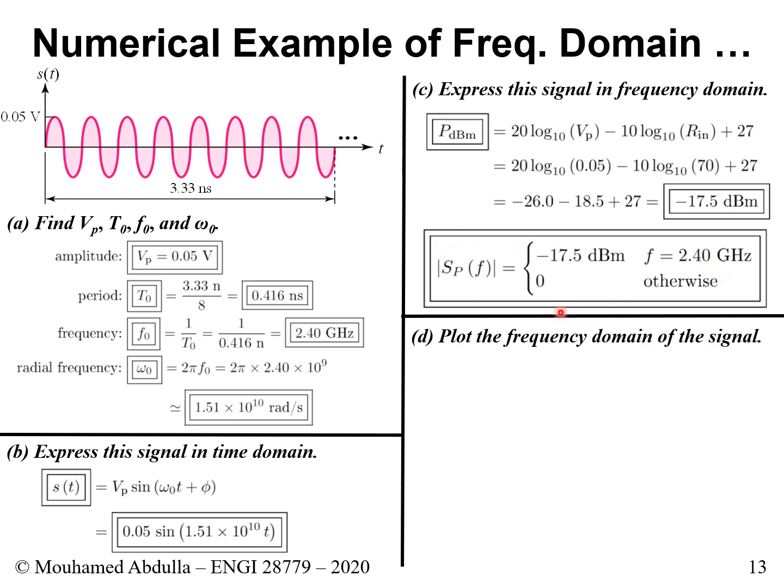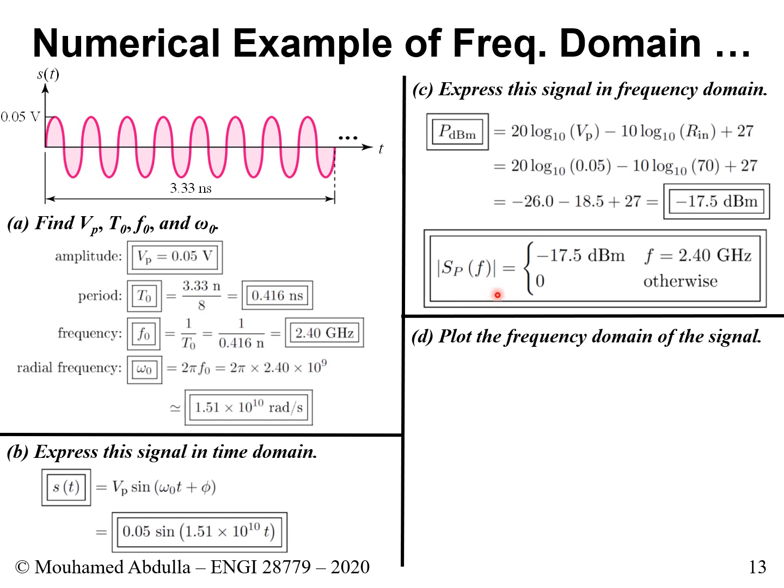Now that you have this, you could just write the expression for the frequency domain of the signal. So you would write big S, P for power. It's a function of frequency, that's why you have f. You have a magnitude here; absolute value is a special case of a magnitude operator.